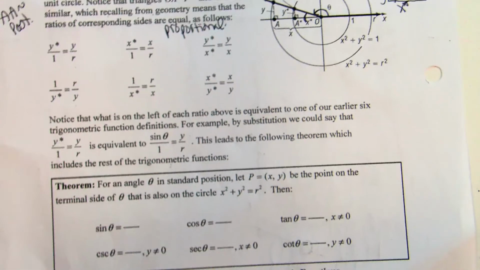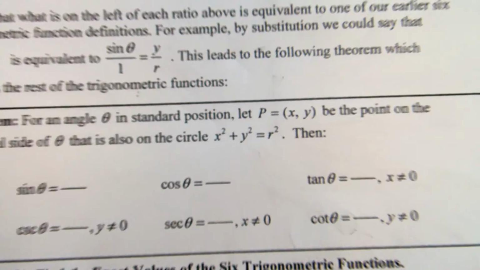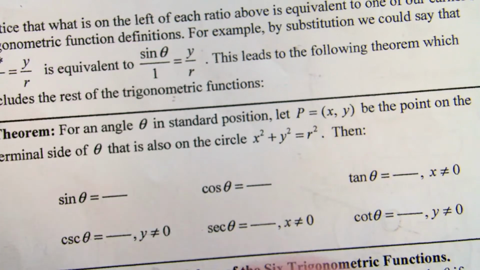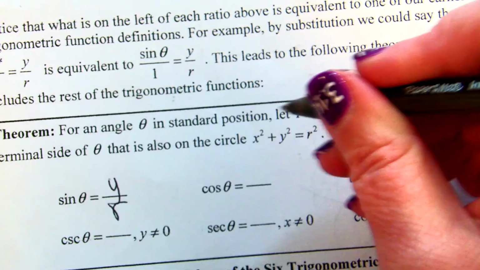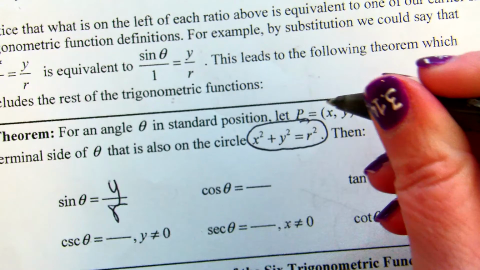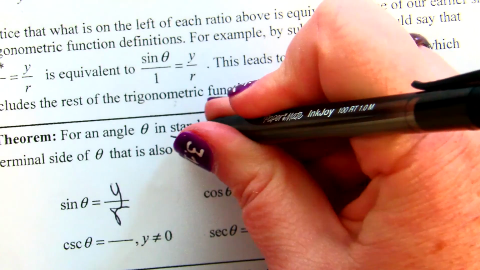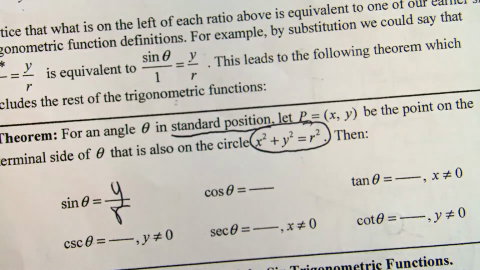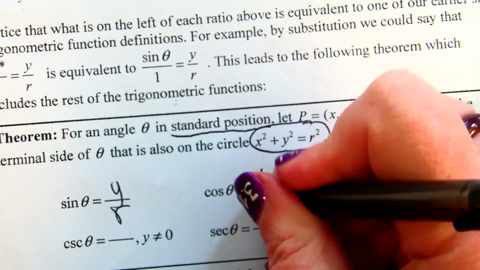So here's an important box. Sine is y over r, and we have to know that x squared plus y squared equals r squared. When it's in standard position on a circle, where the x-axis is the initial side, and P is on the terminal side, cosine is going to be x over r.